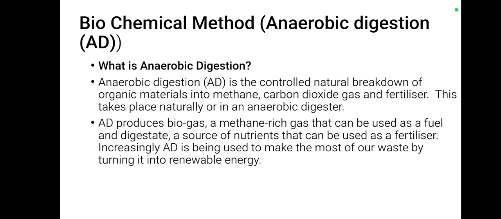This takes place naturally or in an anaerobic digester. It produces biogas, a methane-rich gas that can be used as fuel, and digestate, a source of nutrients that can be used as a fertilizer. Increasingly, anaerobic digestion is being used to make the most of our waste by turning it into renewable energy.